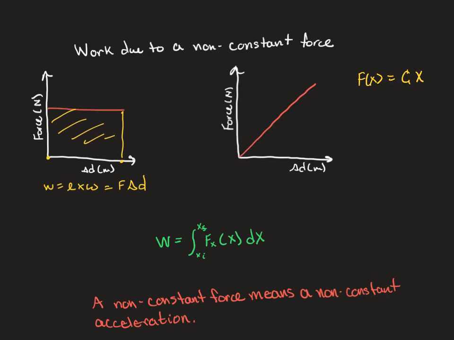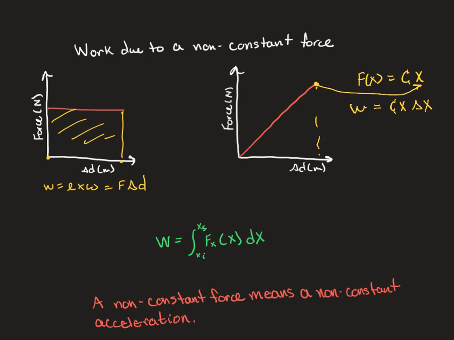And there's always this instinct to plug into something like this, where you take the force at the final position, plug it in here, and do work equals force times the change in displacement, and you'll use this value and this value for the change in displacement.